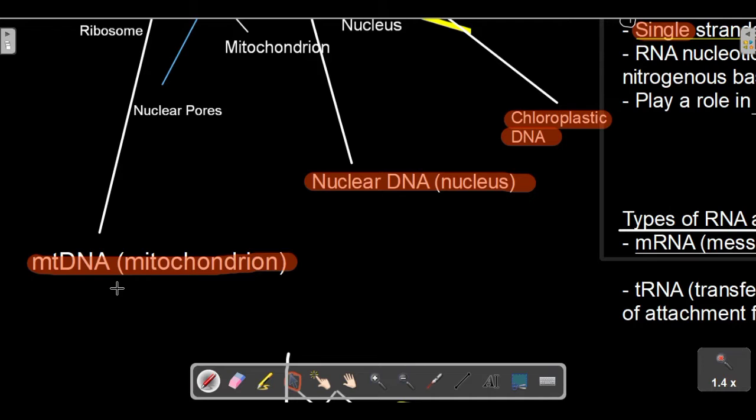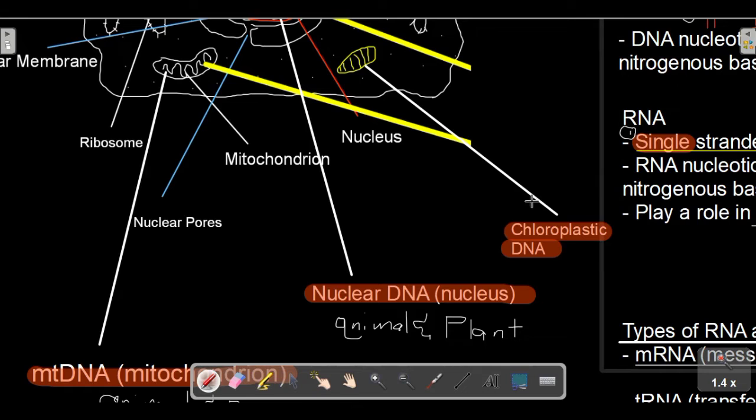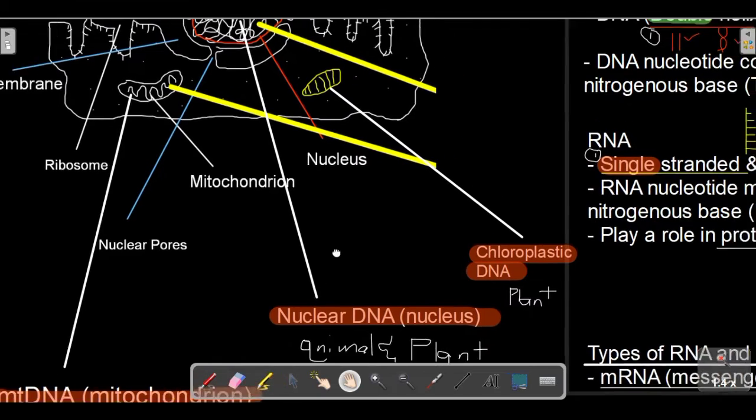This applies for both animal cells and plant cells. So you have both nuclear DNA and mitochondrial DNA in both animal and plant cells. But the third type of DNA, you'll only find in plant cells, which is what we call the chloroplastic DNA. So we find it only in plant cells. So these are the types of DNA that we have.